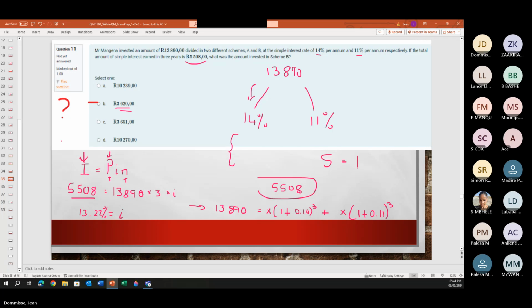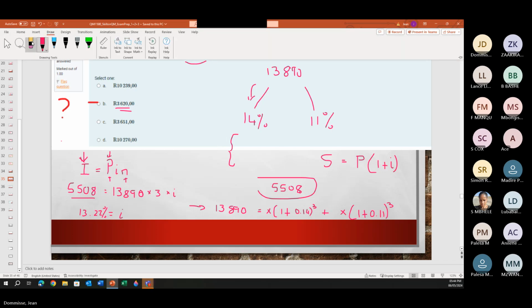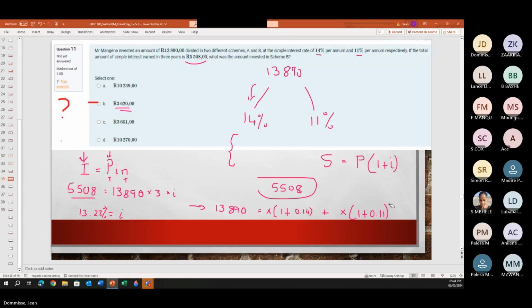So, and sorry, it's not to the power of 3, it's simple interest. So it should be in the sum.